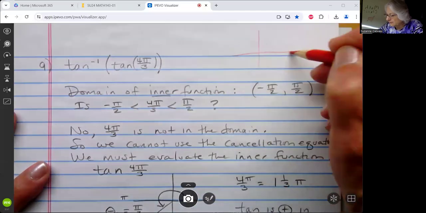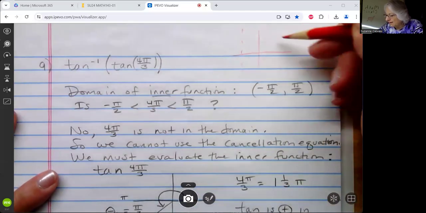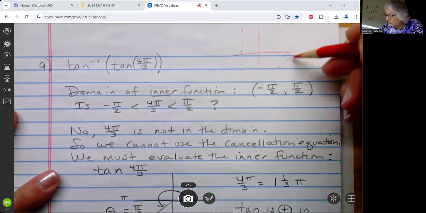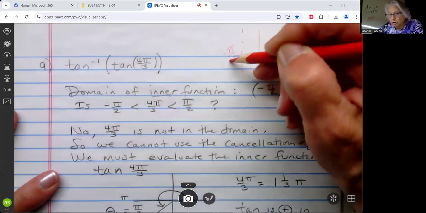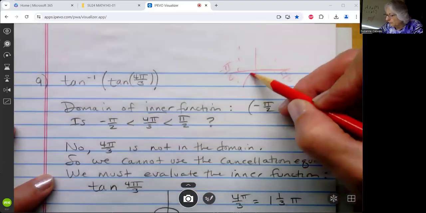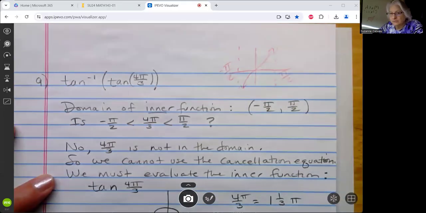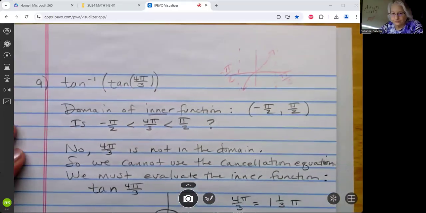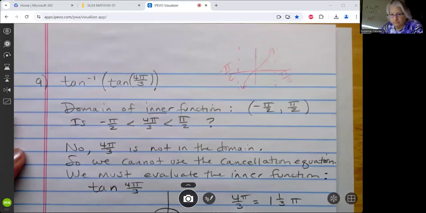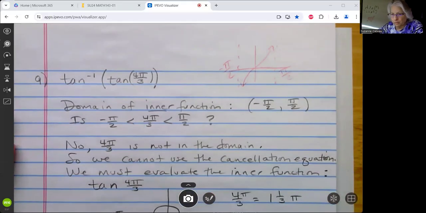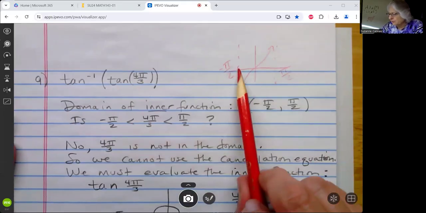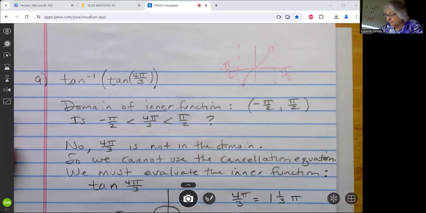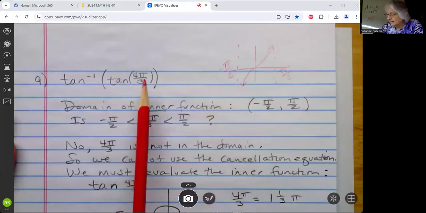You've got asymptotes there, pi over 2 and negative pi over 2, and it wiggles something like that. That's your principal cycle, and if you try to do any more, then it wouldn't be 1-to-1. So this is the restricted domain.